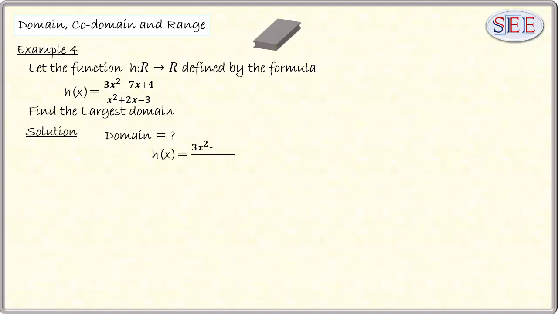Solution to this. What we simply do in this case, we can see in the formula of the given function, it is an algebraic fraction. So what we are targeting is to check what are the likely values of x for which the denominator will be 0. So we take our denominator expression, and the values of x that make it 0 are what we exclude from the set of real numbers.